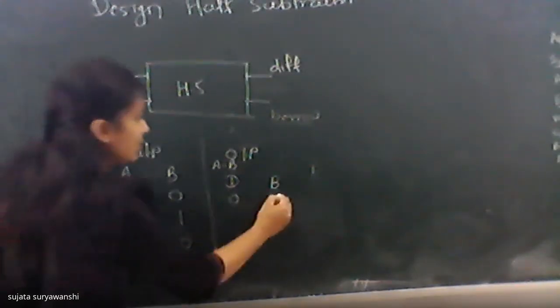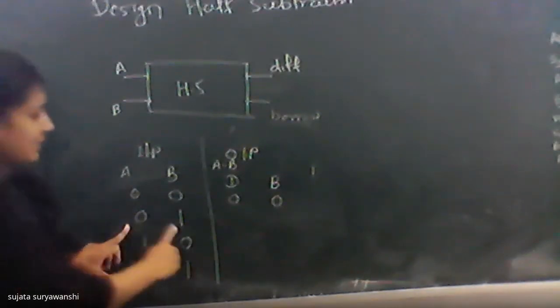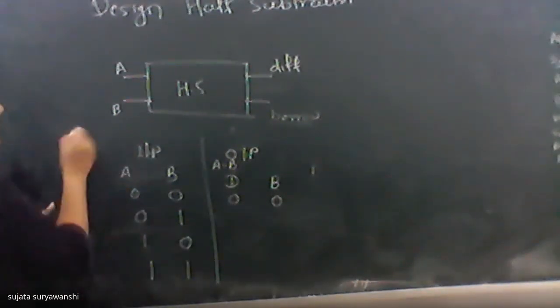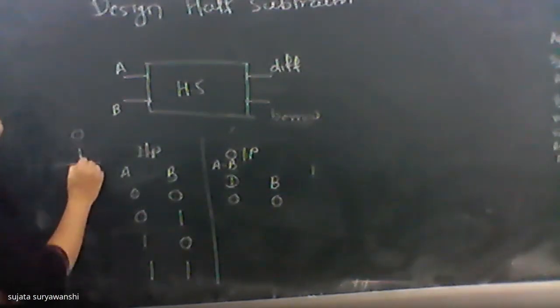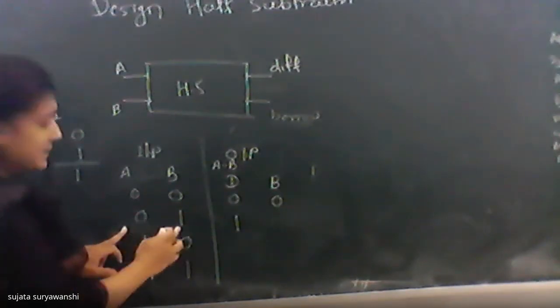Difference is 0. Borrow is also generated 0. Then 0 minus 1. When you subtract 1 from 0, you'll get difference 1 and you'll get borrow 1. Okay. So for this combination only, A is equal to 0, B is equal to 1, we get difference 1 and borrow is also 1.